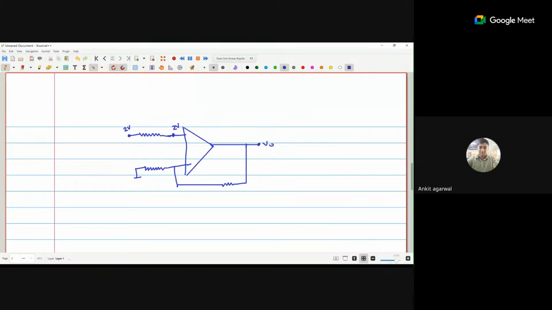Now the same voltage will be applied here. Why? Because it is negative feedback. This particular 2 volts will appear here because of this V0. Because when V0 is there and the ground is there, the current will be flowing in this way. So that means there is some drop across this resistor, and we are assuming this particular drop is 2 volts. Why? Because of the virtual ground concept. Now if I connect a battery here of 3 volts, can you say that it is again 2 volts?